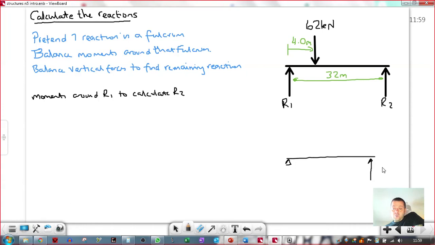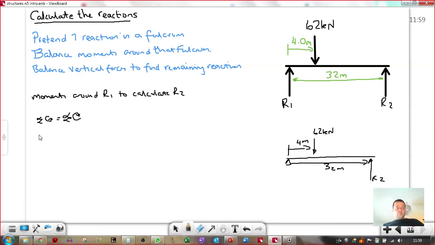I've got R2 out here, and I've got 62 kilonewtons in there, and that's 4 meters and that's 32 metres. So I've just replaced R1 with a fulcrum, and I can now balance that. I've got this unknown force. So the sum of the anti-clockwise moments must equal the sum of the clockwise moments.